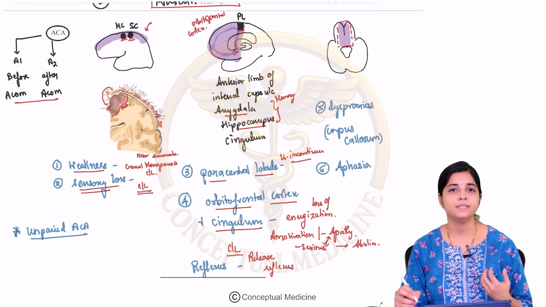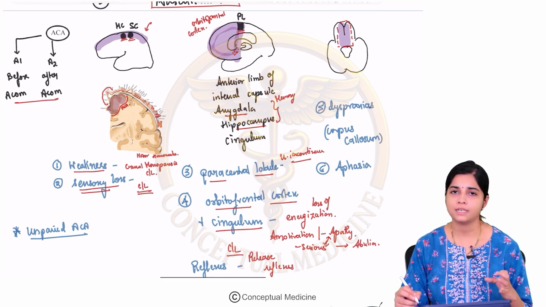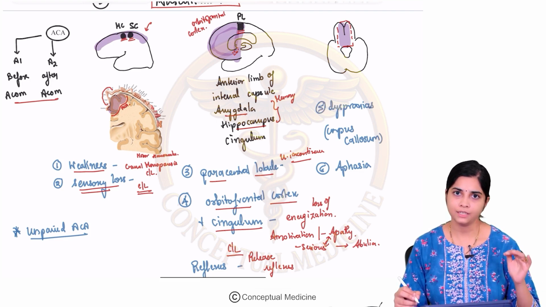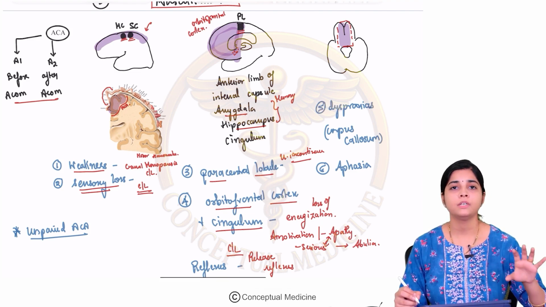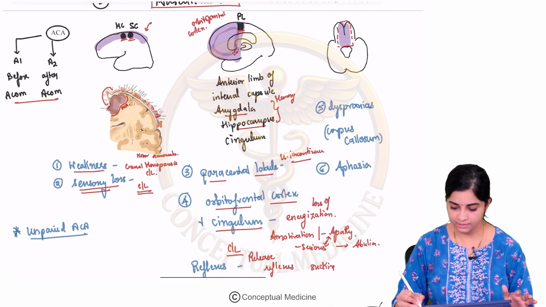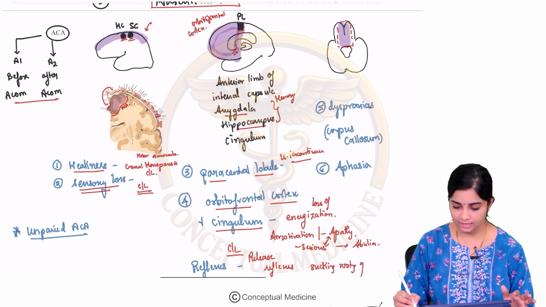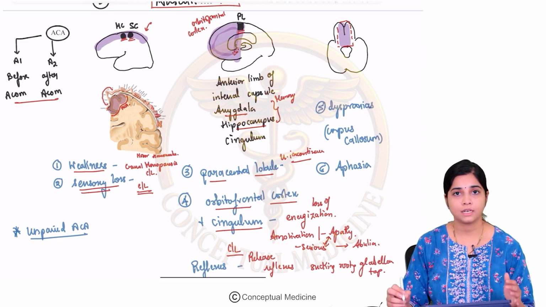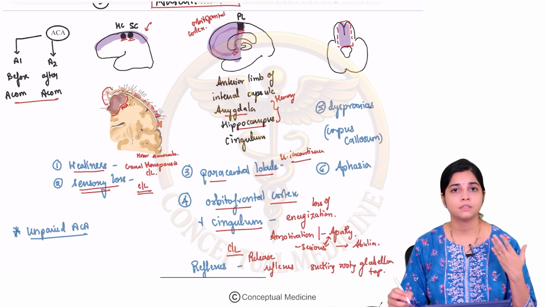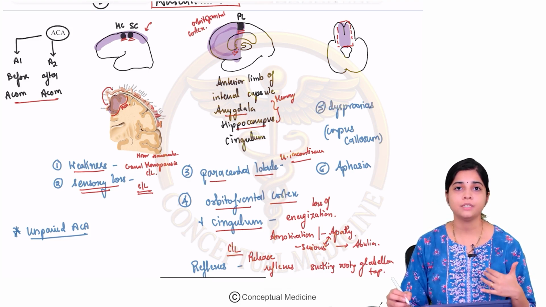What is the meaning of release reflexes? We know that there are certain neonatal reflexes which are a part of a normal human body in the neonatal period. What are those reflexes? Sucking reflex, rooting reflex, glabellar tap. Sucking reflex helps an infant to drink milk.